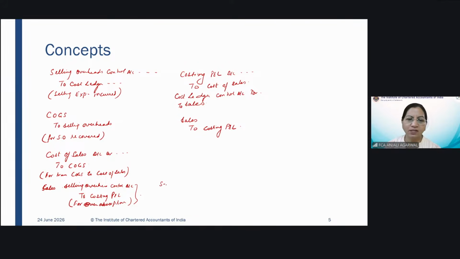Maybe you carry it to the selling overheads suspense account. So you will carry the over absorption to a suspense account. Similarly, in the production overhead, if there is over absorption, you will carry it to the suspense account.